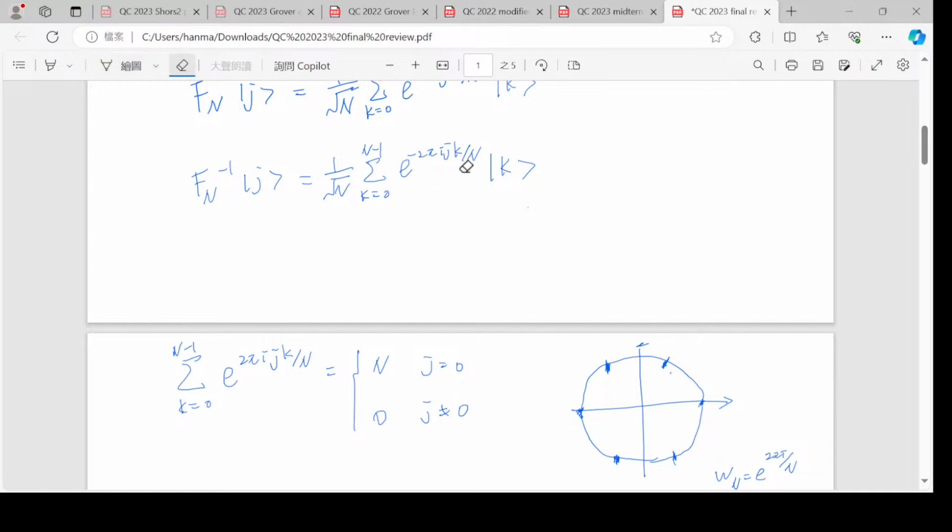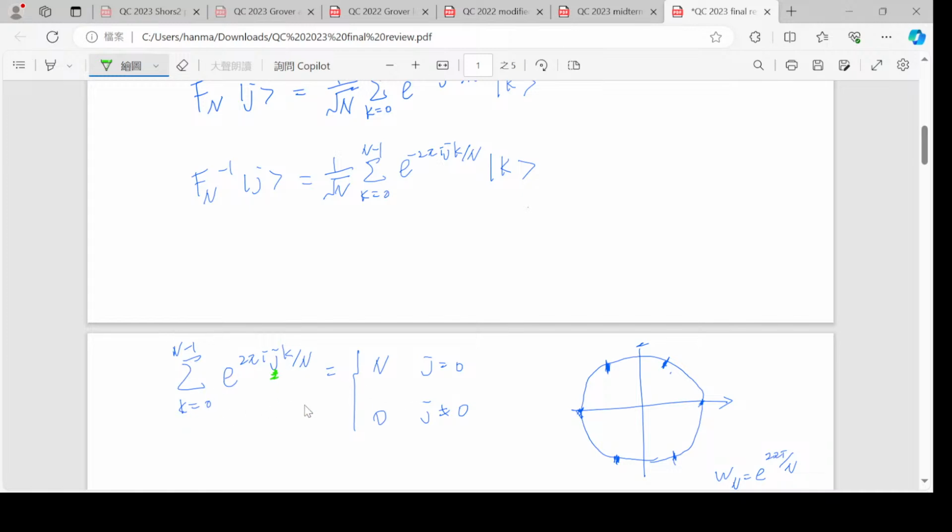For example, if you sum over e to the 2 pi i jk over N, you fix j here, so this is a function of j, and you sum over all possible k, so k from 0 to N minus 1.